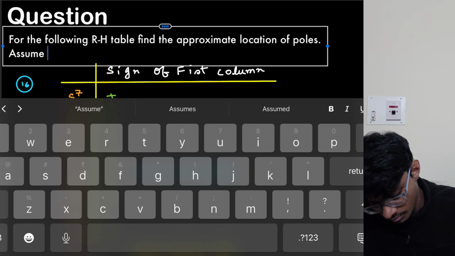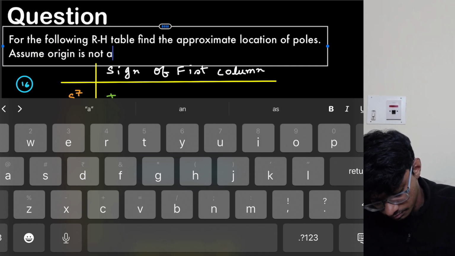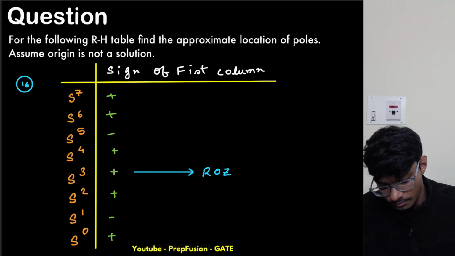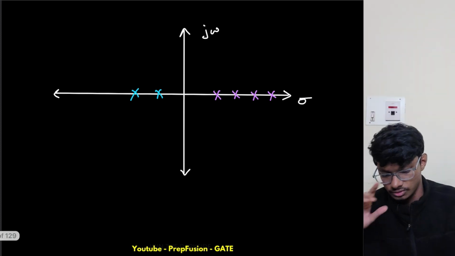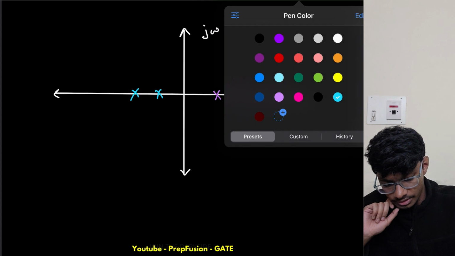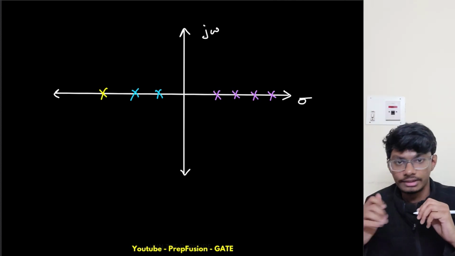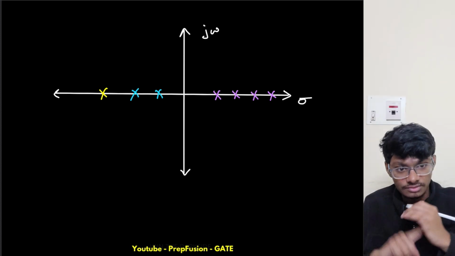Assume origin is not a solution. Then what will be the case? The final root will lie around here. So yeah, this is one of the cases.